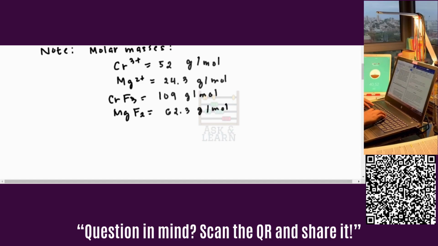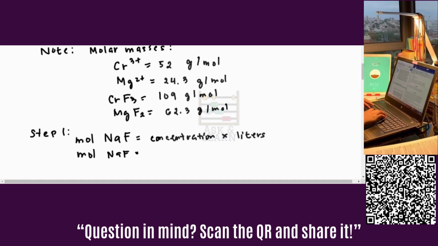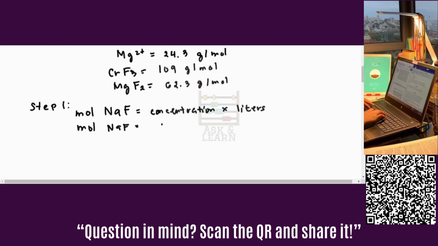So we are adding a certain amount of fluoride ions to the solution containing the chromium and magnesium ion, and we solve this for step 1. We solve this in terms of moles of NaF, which we get as concentration, or molarity, times the liters. So we have concentration as 1.51 times the liters.